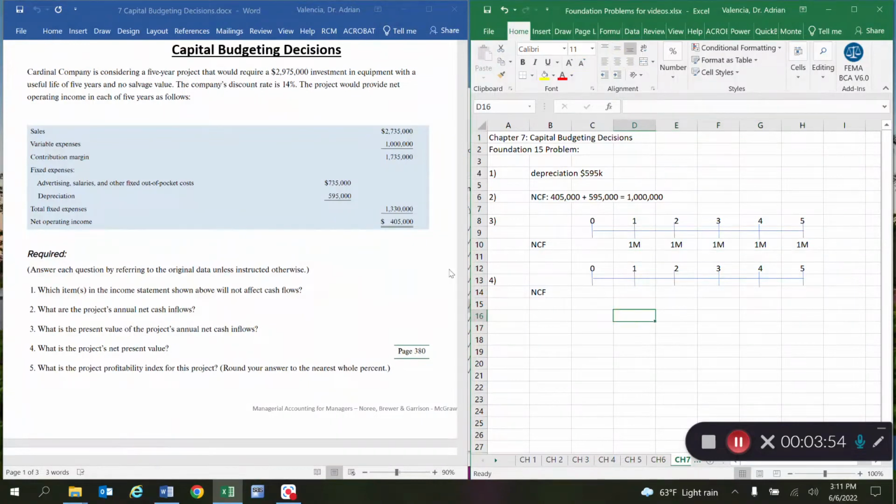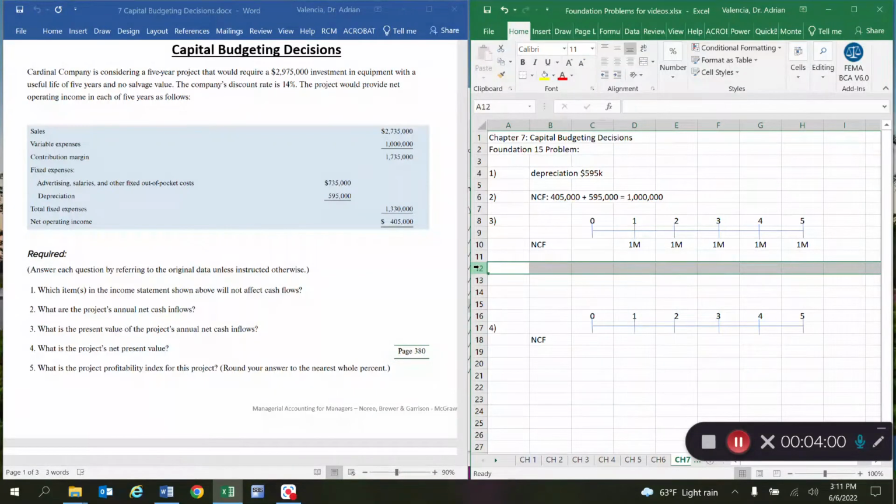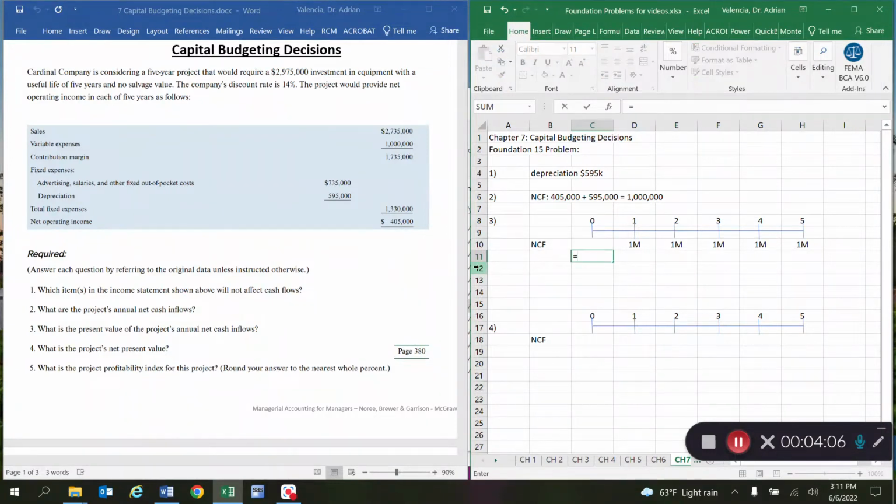Okay, and the way we would get the present value here is we could use a table if you wanted to, or we could just use Excel's feature here where we do the present value, and then what we do is we specify the rate per period and the number of periods. So in this case the rate is 14%.